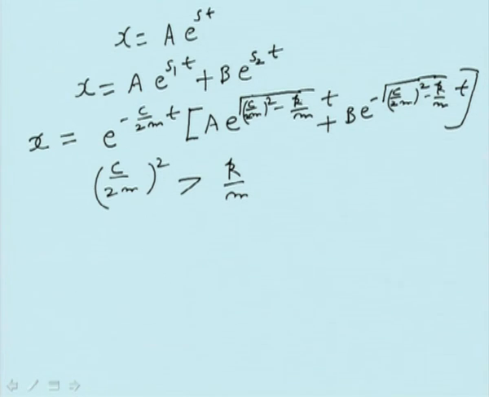This is e to the power some real number times t, and in this case no oscillations are possible. It cannot provide oscillatory motion. This case is called the over damped case.